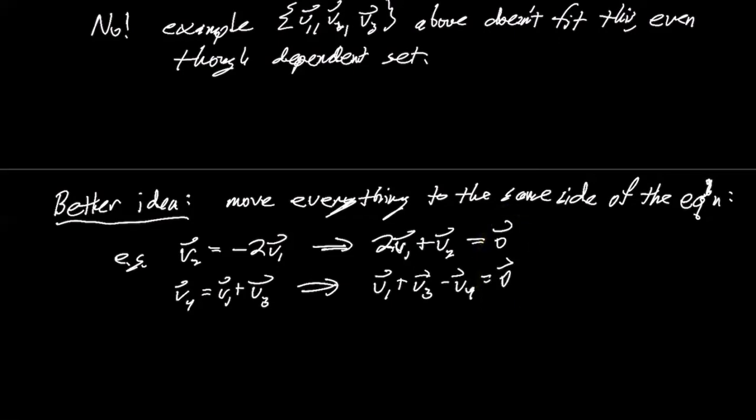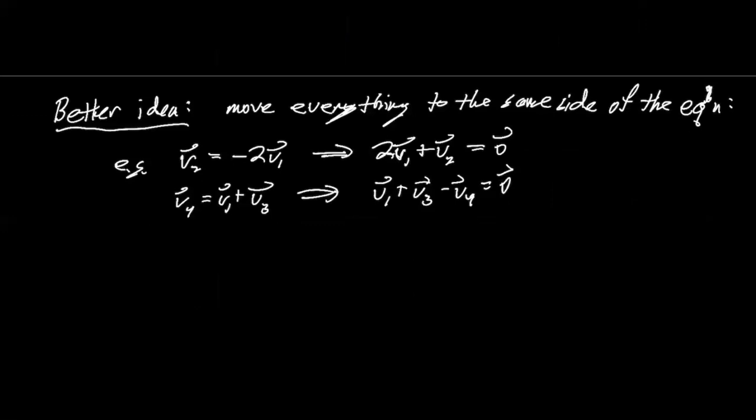So why is this a better idea? I'm going to give you a few different reasons over the next few minutes, but let me just say reason one. It's purely an aesthetic argument, a symmetry thing: I don't really want to preference one vector over the others.